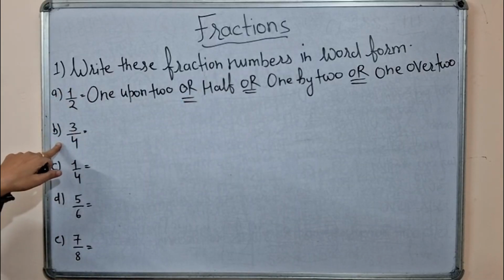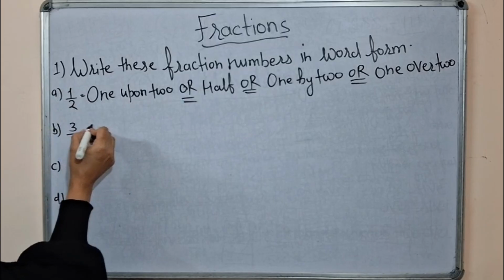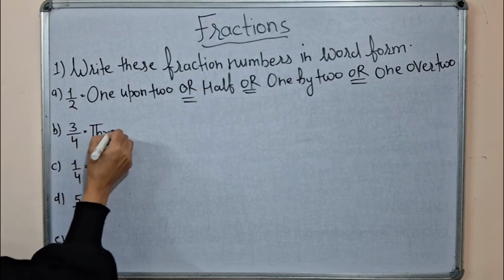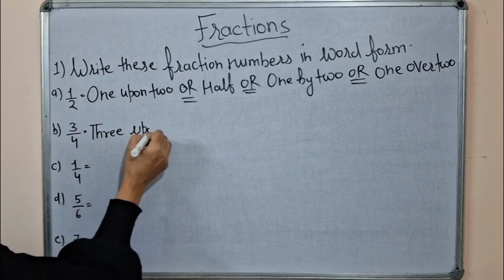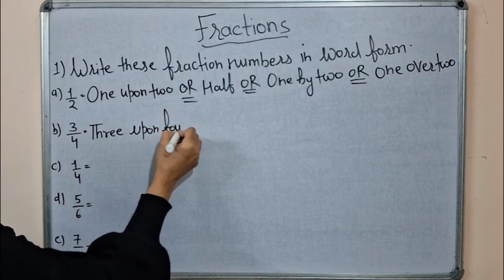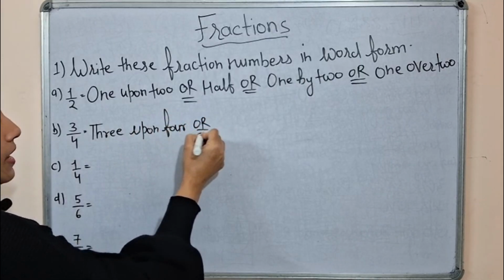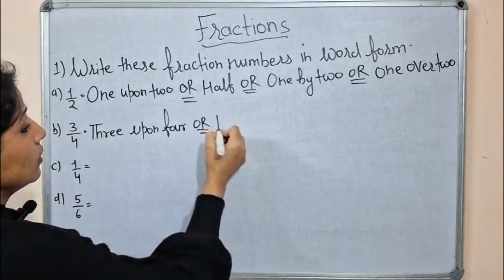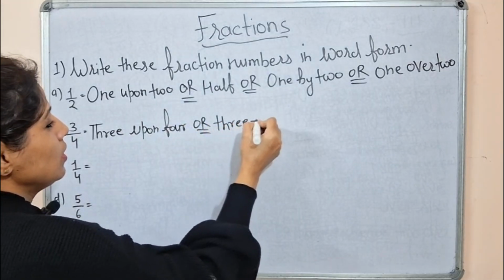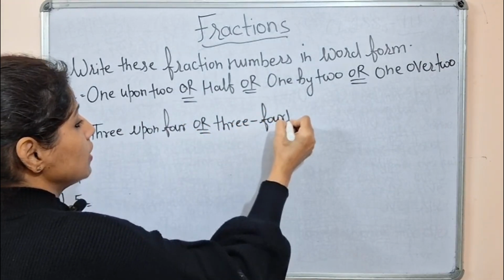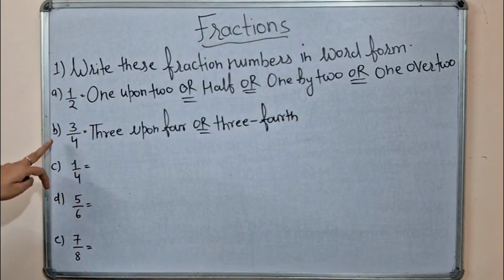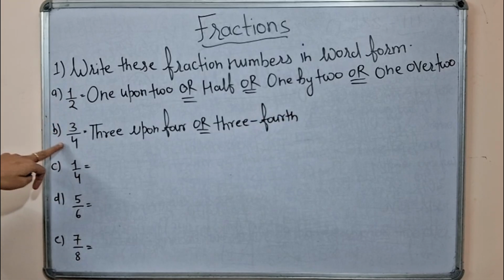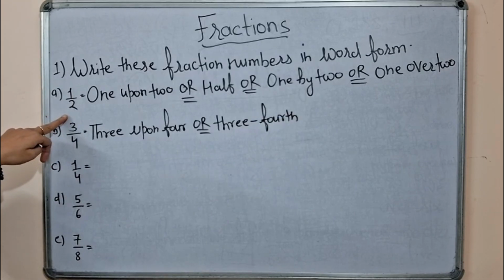Moving on to the next part, 3 upon 4. 3 upon 4, or another way, 3 by 4. As I told you, there is only one thing, out of which there are 4 equal parts and 3 are in the numerator.